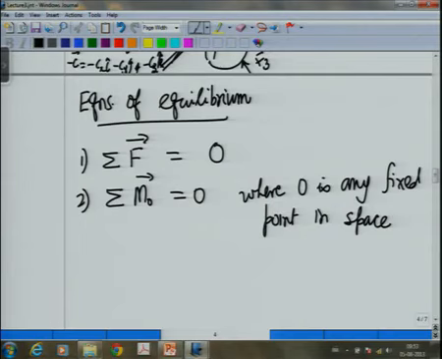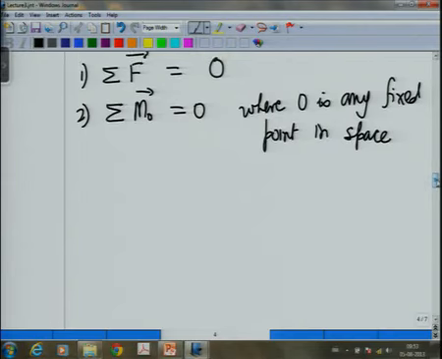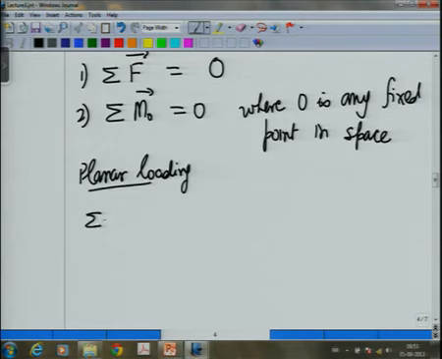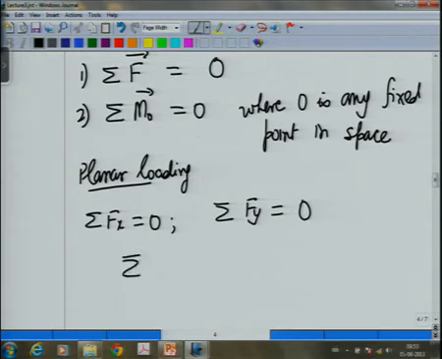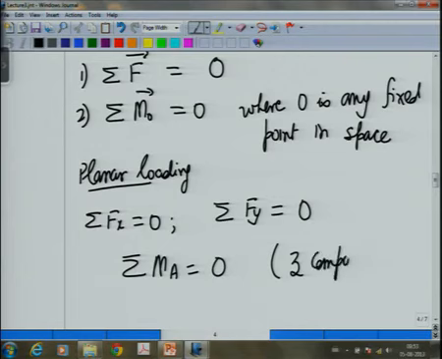So, now in case of a planar loading, the equations become sum of forces in the x direction is equal to 0, sum of forces in the y direction is equal to 0, and automatically when you take sum of moments about any point A is equal to 0, this will only be the z component, because moments in a planar loading will only be about the z axis.